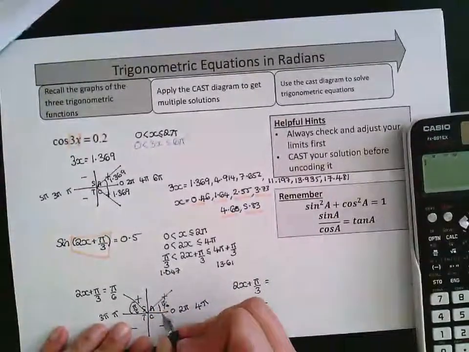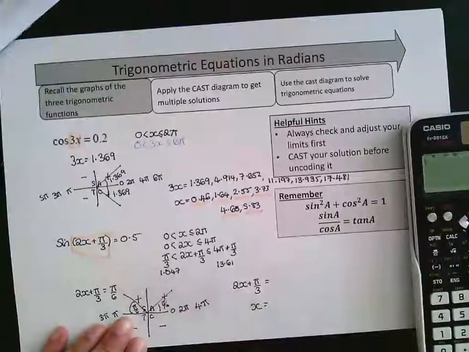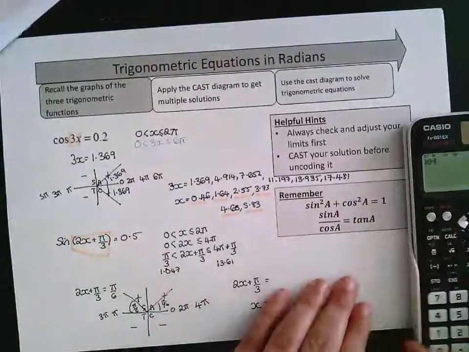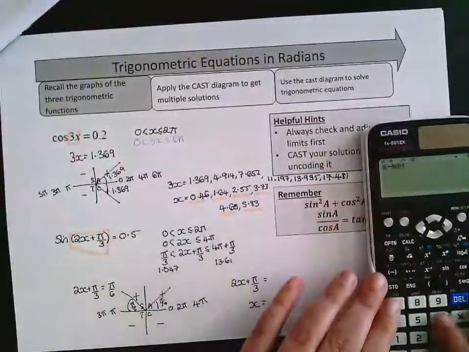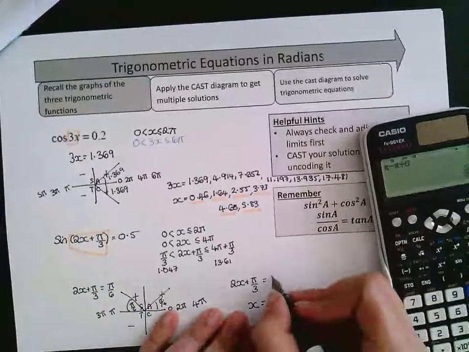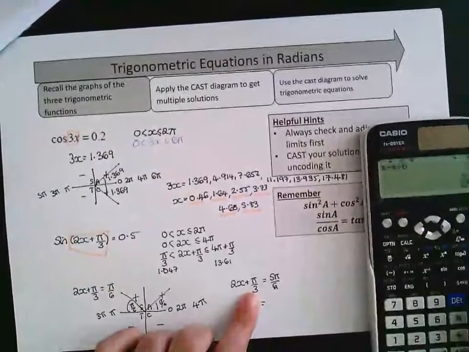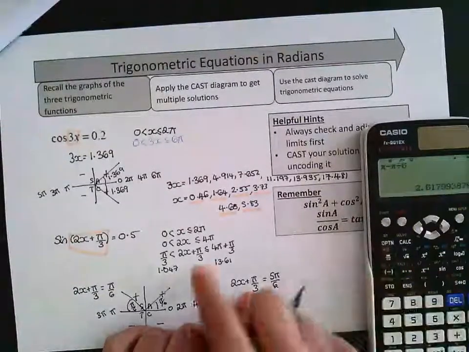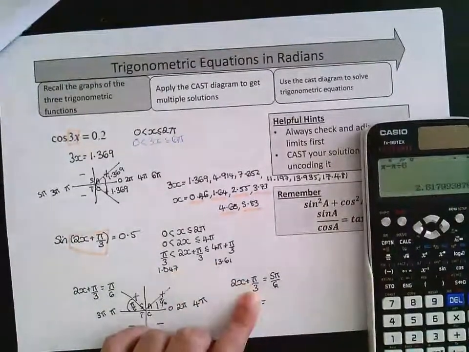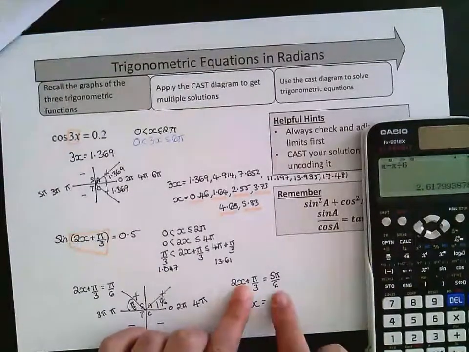So then from 0, I go around, so I've got pi minus pi by 6, which gives me 5 pi by 6. Let's just check it's in the limits, 2.61. Yes, it's bigger than 1.047. Okay, so I'm just going to uncode this.